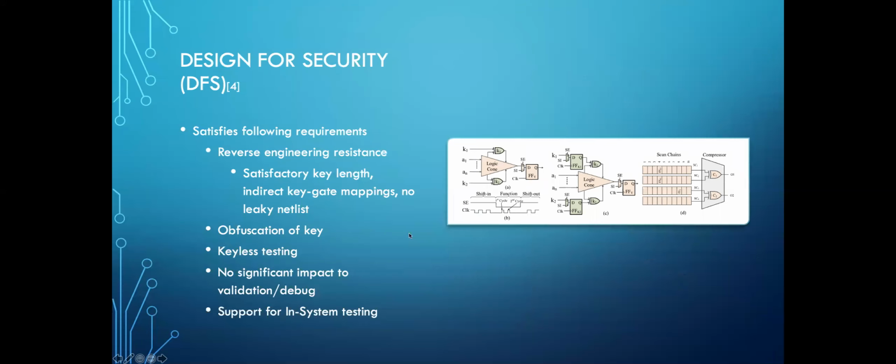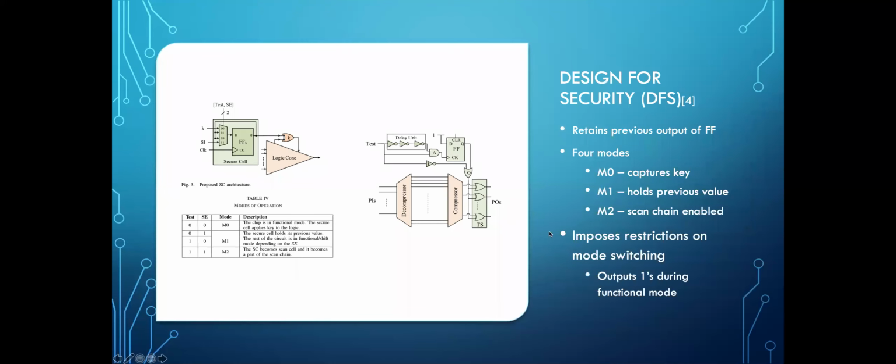I forgot to mention, but in order to extract any information from this, they need to use an activated circuit to test against. So they'll put a bunch of test inputs to the testing cells, basically scan chains, and they'll watch for the correct outputs, and they use those outputs to test against.